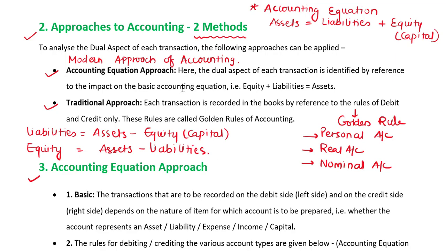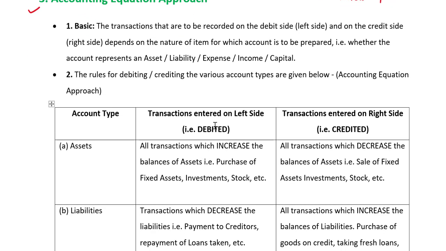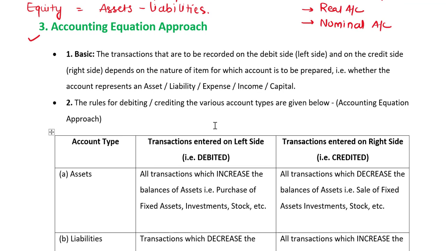Let's see the accounting equation approach in detail now. The basics of the accounting equation approach: the transactions are to be recorded on the debit side, that is the left side, and credit side, that is the right side, depending on the nature of the item for which the account is prepared. What kind of transactions will we record over here?